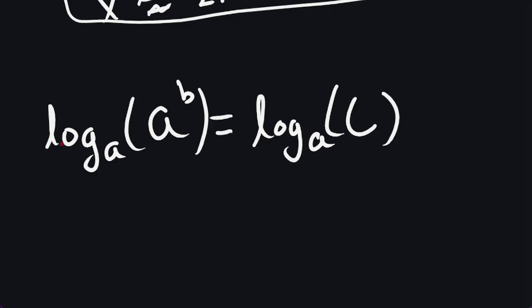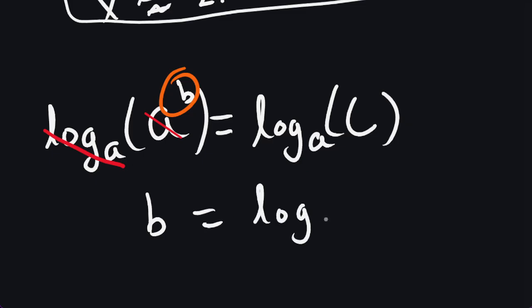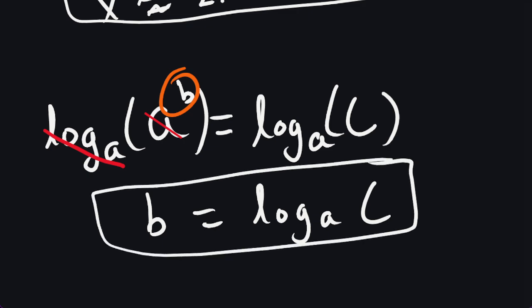On this side, because logarithms are inverses of exponents, the log base a and the a cancel out. So we're just left with the b. So b gets dropped down here, equals log base a of c. And that is how you would solve for b in a logarithmic equation.